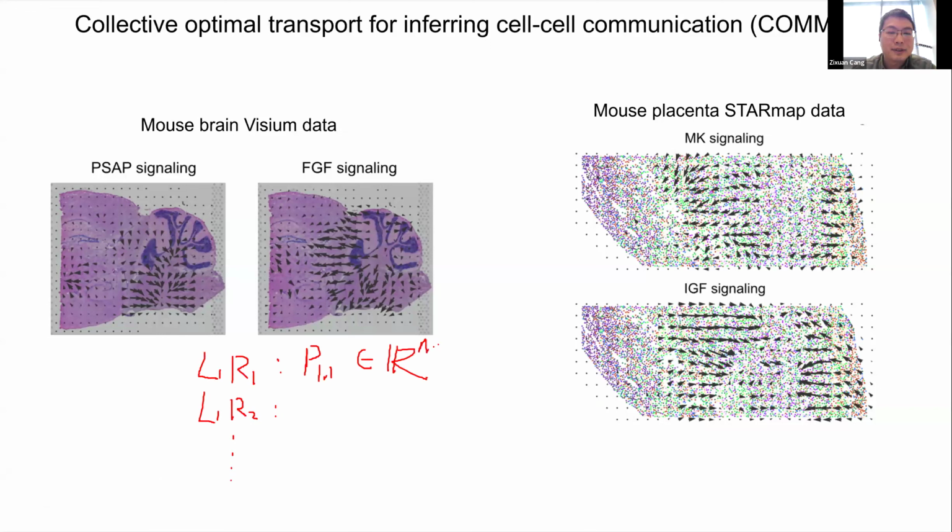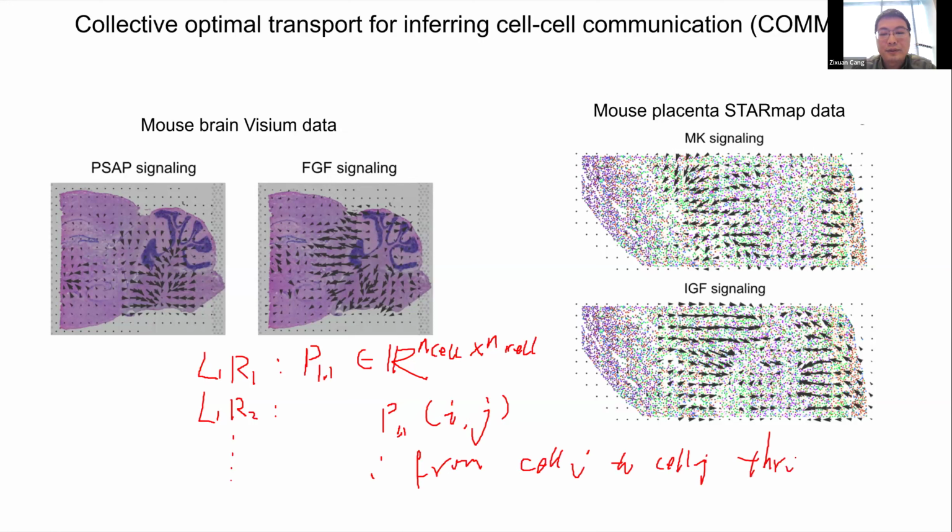And this matrix is an n cell by n cell matrix, such that the ijth element of this matrix simply means the signaling strength from cell I to cell J through the ligand receptor pair, in this particular case, through the pair L1 and R1. And we get this matrix for every ligand receptor pair.